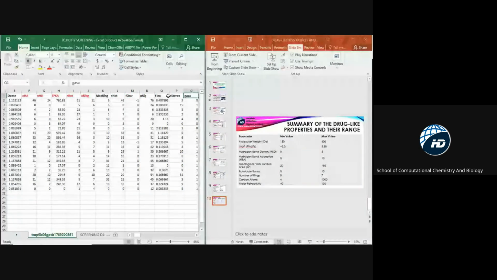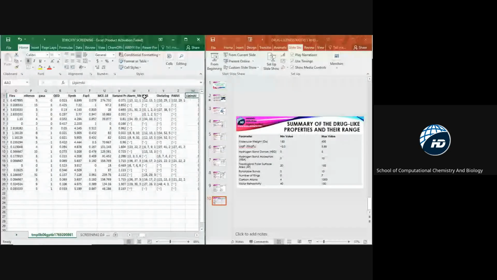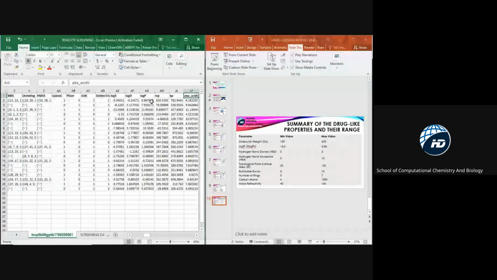Okay. I've taken log P. Let me check for log P. Okay, my log P is among, so I can see my log P. I don't think ADMET has carbon atom, but we can neglect the carbon atom.